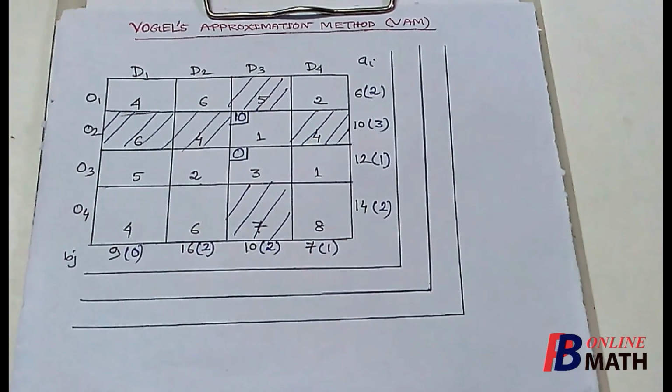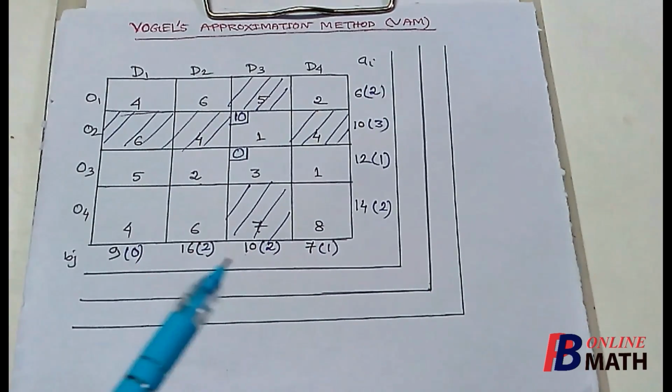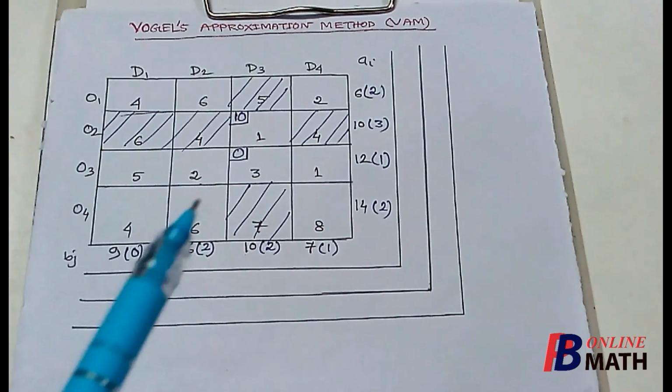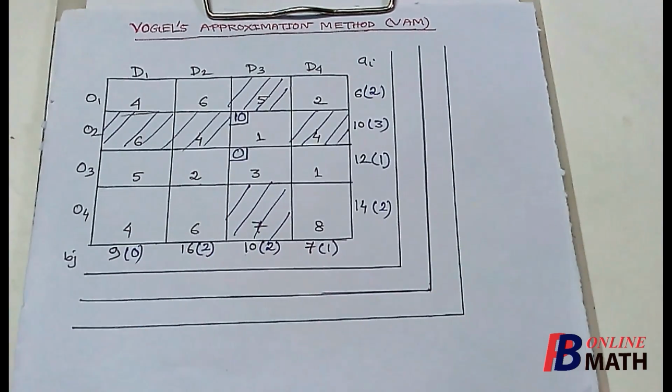So we have crossed off all the remaining cells of the row and column simultaneously by inserting one basic variable 0. Remember that this basic variable 0 is inserted only to maintain the number of basic variables. In this case, the number of basic variables will be 4 plus 4 minus 1, that is 7.